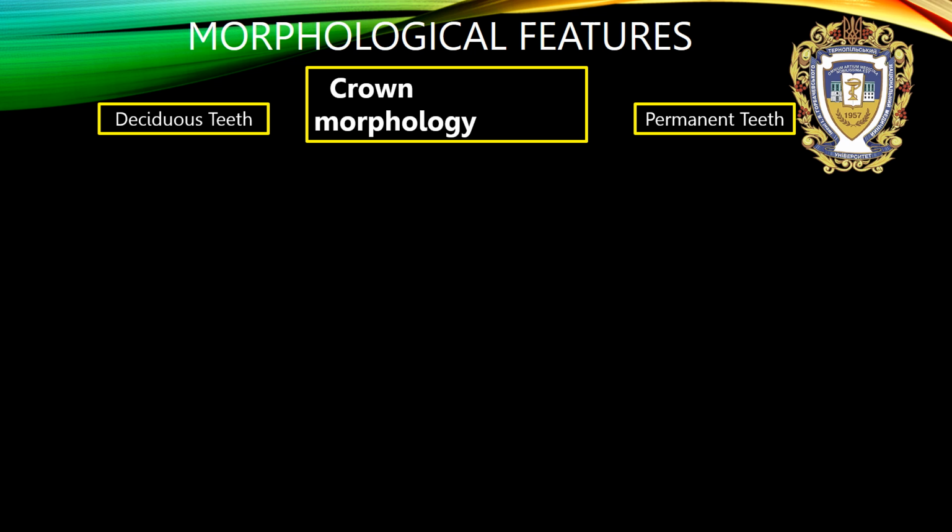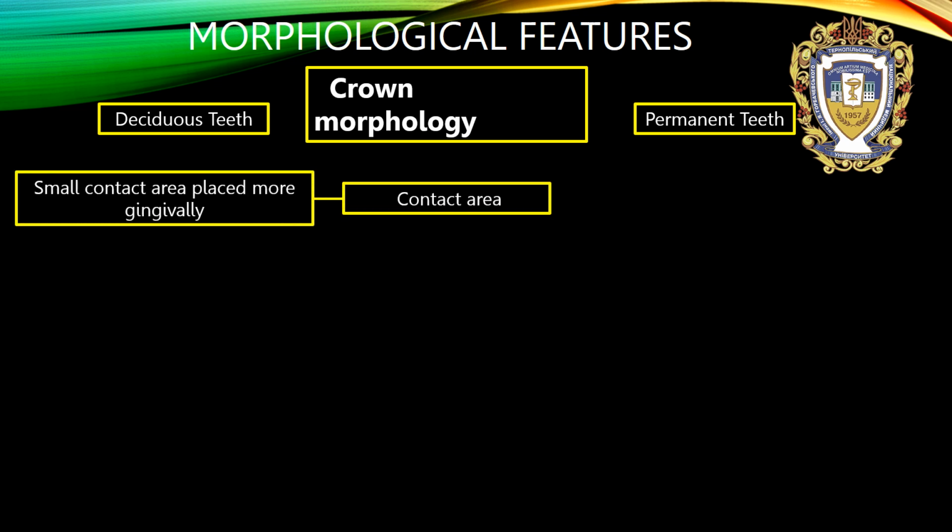So let's continue with crown morphology. Contact area or approximal surfaces. Temporary teeth have a small contact area placed more gingivally.